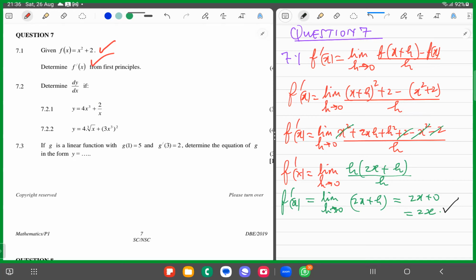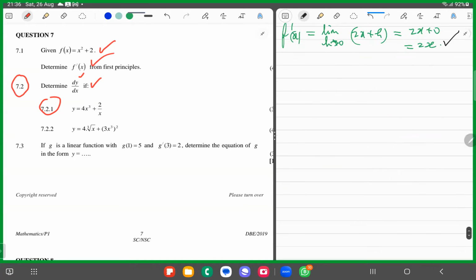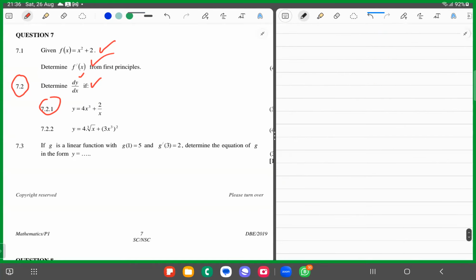So we have determined f prime of x from first principles. Now you need to determine dy/dx. Right, so let's continue and do 7.2.1. We want to find dy/dx using the laws of differentiation.